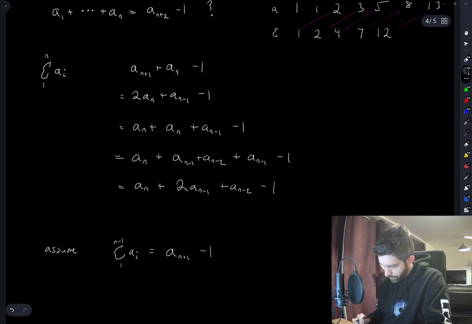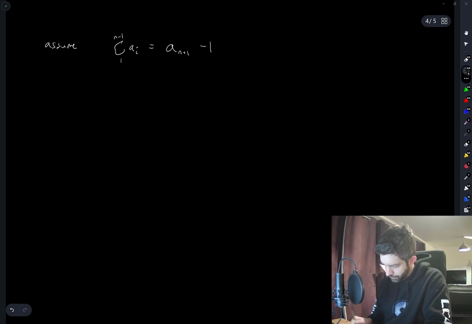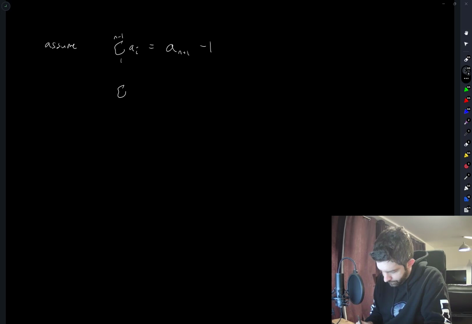So we have this. We're going to assume that it's true for n minus 1, and then show it's true for n. So I add an to both sides.